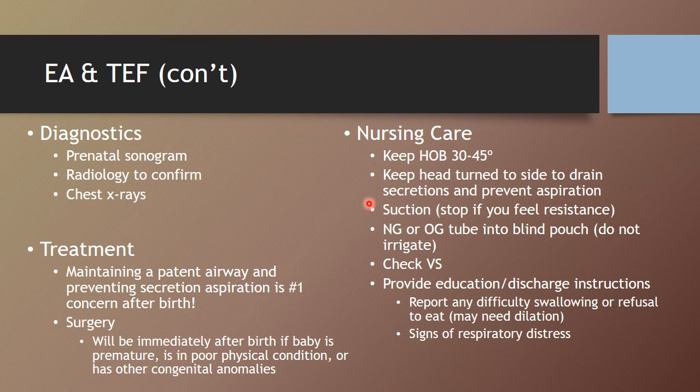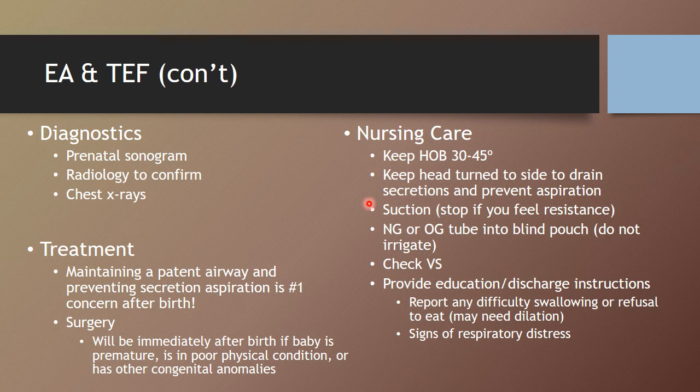If you have an endotracheal tube and you're putting air into the lungs, well, guess what? It's going to go into that fistula too, and it's going to cause abdominal distension, which is going to cause more problems. So they really don't want them on an endotracheal tube. They'll try to wean them off very quickly and maybe just get them on some little nasal cannula. But definitely patent airway and preventing secretion aspiration is number one for them.